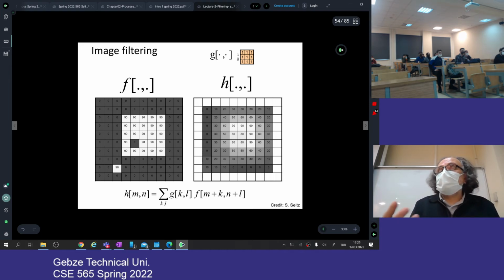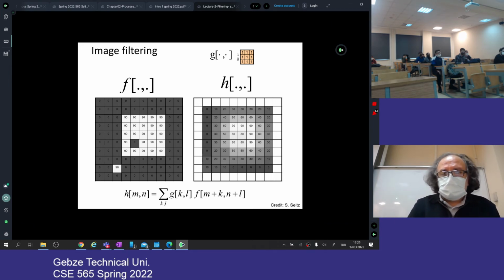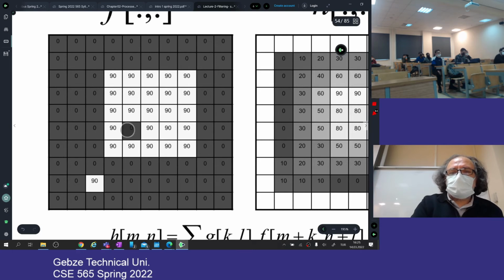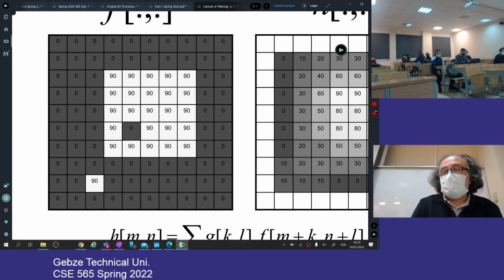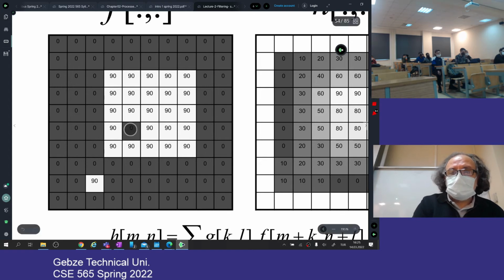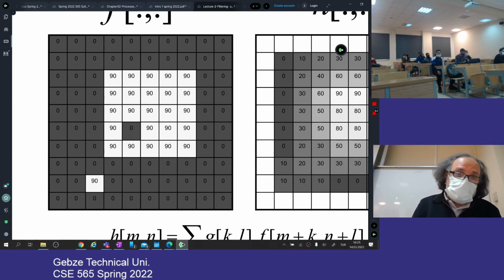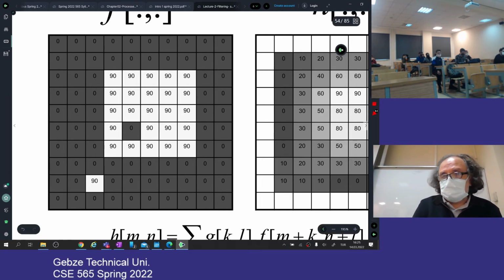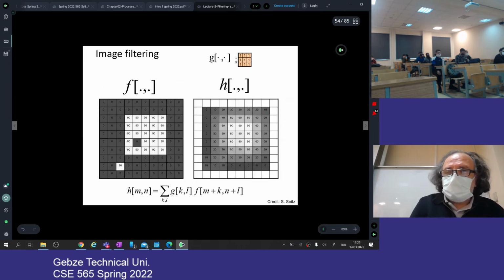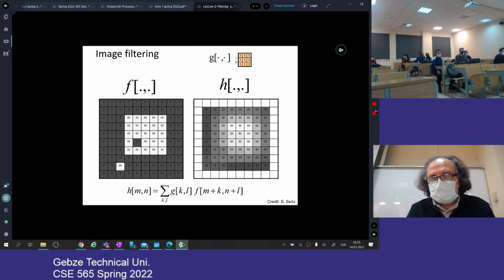Right? In natural images, in regular images, you don't see these kind of crazy pixels, right? I mean, it is very difficult to have a 0 inside a bright region, or it is very difficult to have a bright pixel inside a dark region, okay? So by doing this filtering, I get rid of that problem.